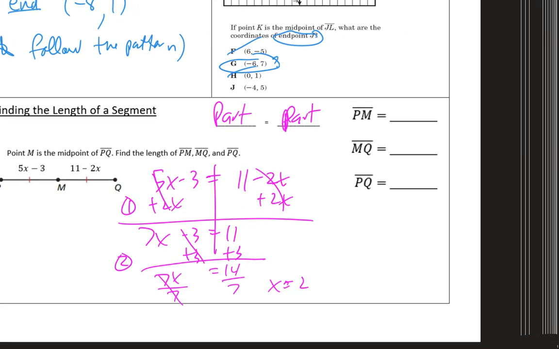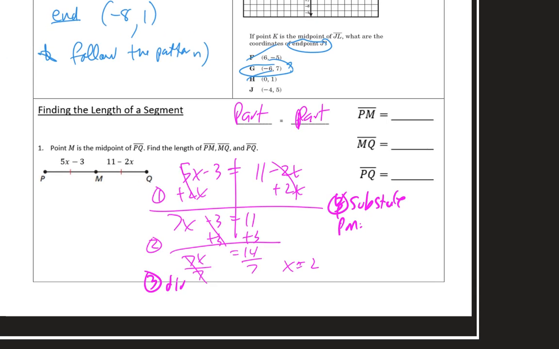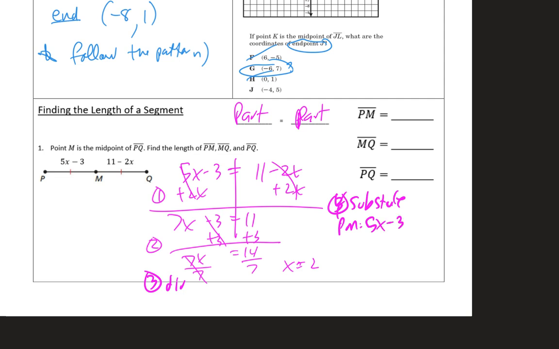But we are not going to forget that we have to substitute back in, right? So step number 4, we have to substitute our final answer. Step number 3 was divide, right? So PM equals 5x minus 3, which equals 5 times 2 minus 3, which is equal to 7.